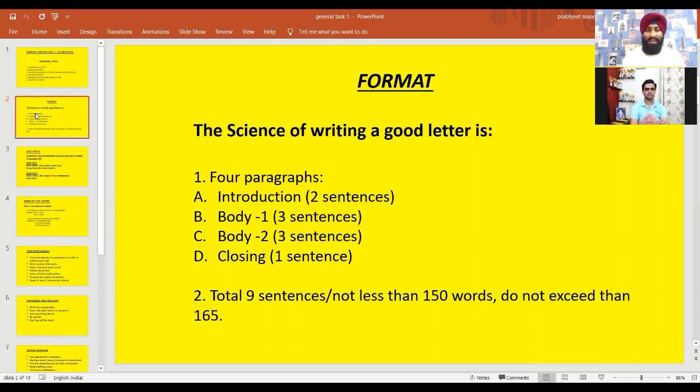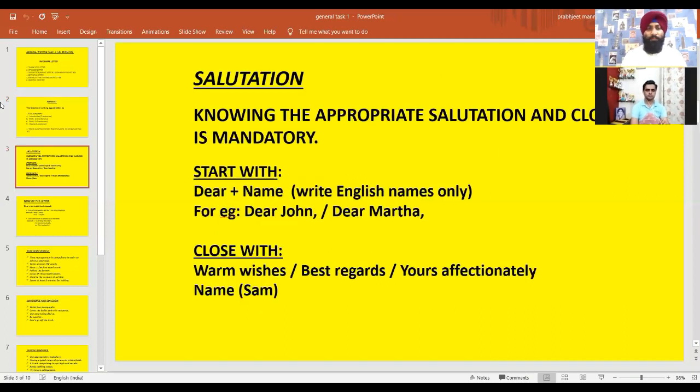Most of the time I have seen people calling it conclusion, but it is not conclusion, dear. It is about closing the letter. And here you need to write only 1 sentence. In total, you will be writing 9 sentences, and yes, not less than 150 words, and you should not exceed more than 165 words.